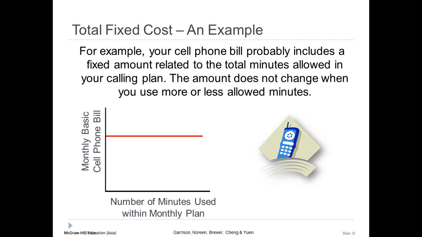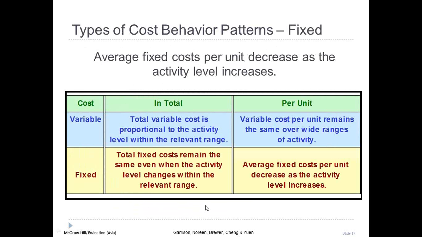Okay? The total doesn't change. But if you consider it on a per unit basis, the average fixed cost per unit actually decreases the more volume that's used. And this makes sense. If we only use the cell phone for 1 minute and the monthly fixed cost is $50, that 1 minute has a fixed cost of $50.